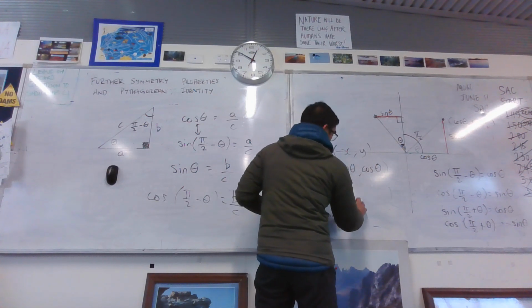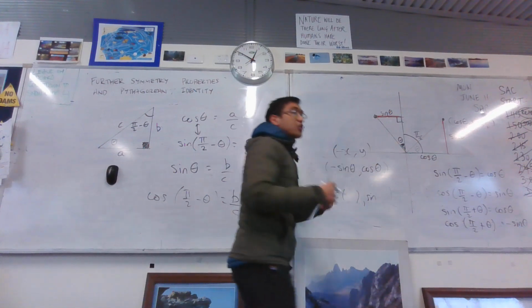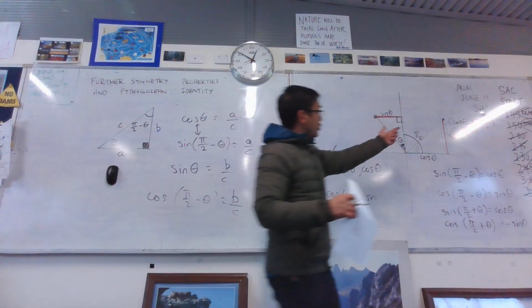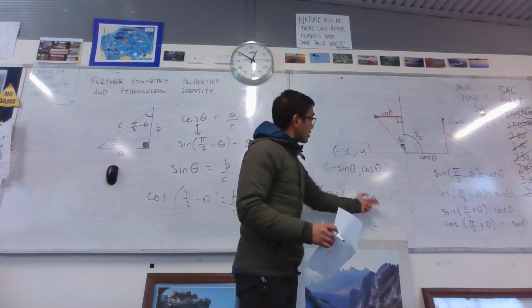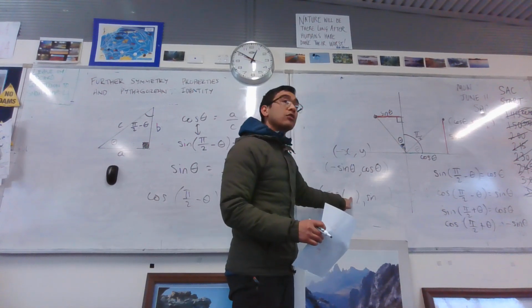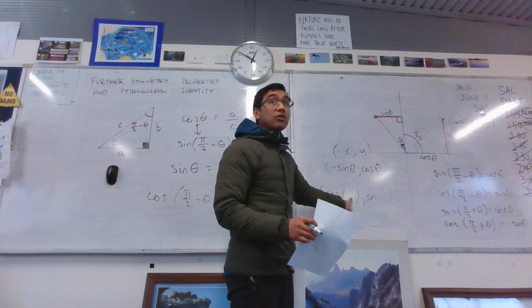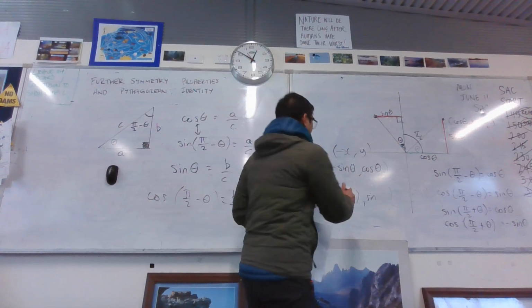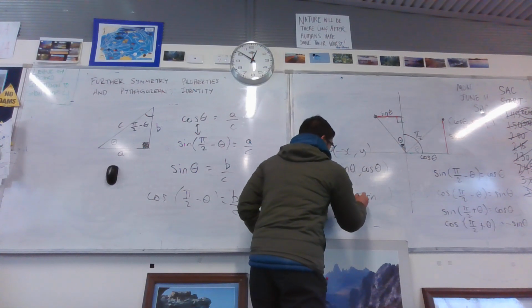I can rewrite this as, in all coordinates, we always do cosine sine. But if I want to use cosine and sine, what's my new angle that I write in there? It's staring at you. Pi over 2 plus or minus theta.